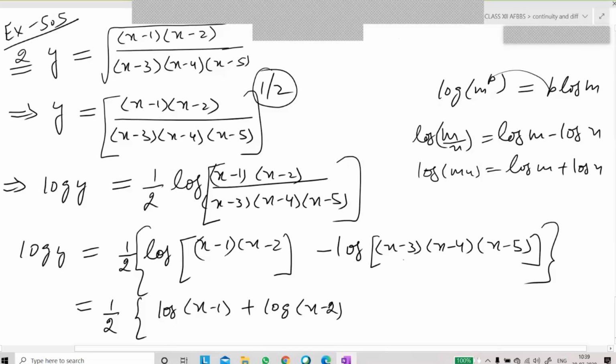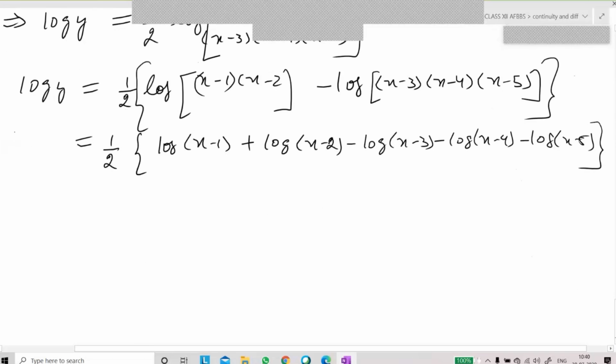So log x minus 3 plus log x minus 4 plus log x minus 5, with everything there will be minus, so it will become minus log x minus 3 minus log x minus 4 minus log x minus 5. Now this function is ready to be differentiated. This is log y. Till now we have not differentiated, we have only simplified.